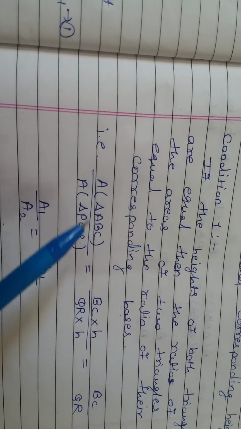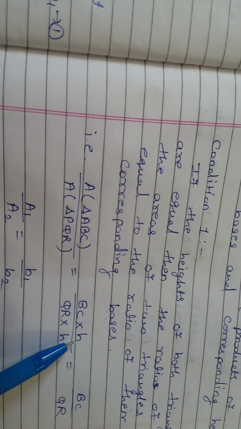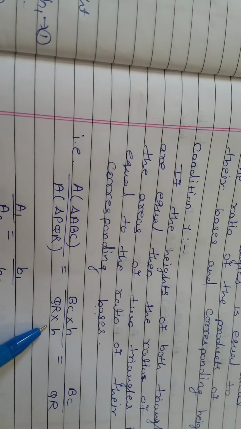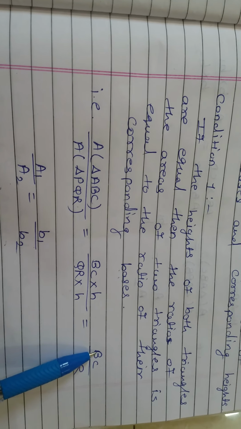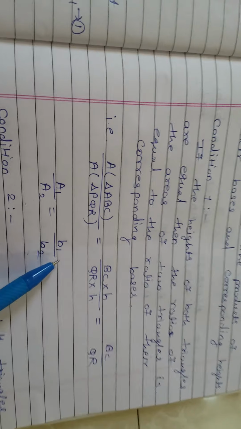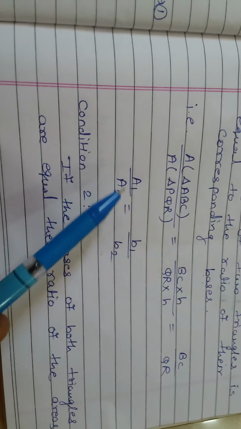That is, area of triangle ABC upon area of triangle PQR is equal to BC into H and QR into H. Why H? Because the heights are same. After this, H and H get cancelled, and here the remaining terms are BC upon QR. Instead of BC upon QR, here we write B1 upon B2. This is the second property.